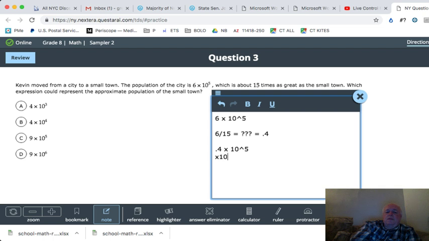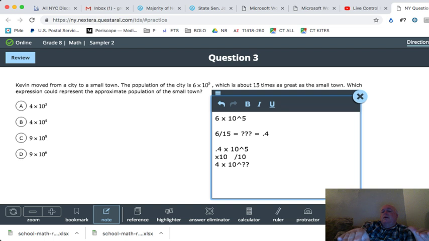If we multiply the 0.4 by 10, we get 4. What do we have to put there? If we multiply this by 10, we need to divide this by 10. Because if I have A times B, and I multiply A by 10, I have to divide B by 10.